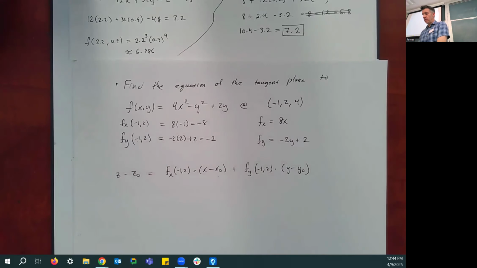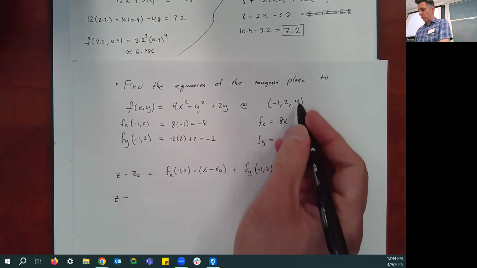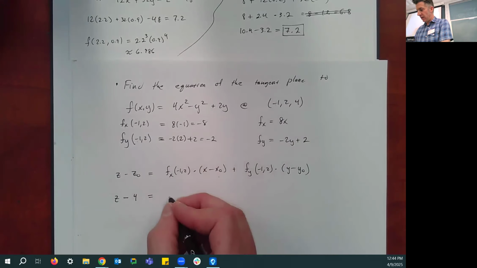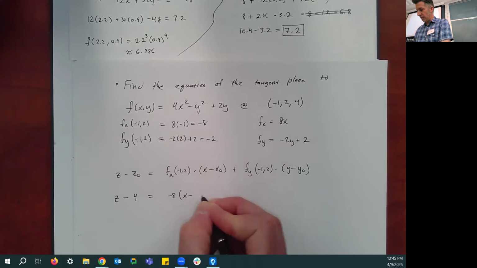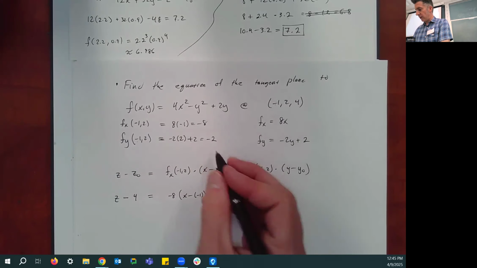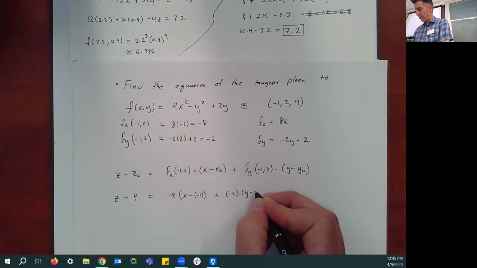Those are my slopes. So then my equation is going to be z minus the z coordinate, which is 4, equal to the partial with respect to x, which we just said was -8, times x minus the x coordinate, plus the partial with respect to y, which was -2, times y minus the y coordinate.